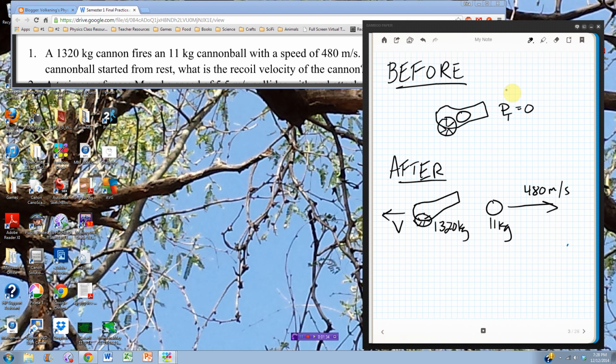Now, if I'm going to write out the total momentum of this picture, it would be the momentum of the cannon plus the momentum of the cannonball.